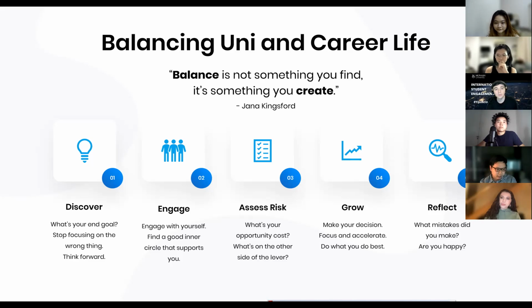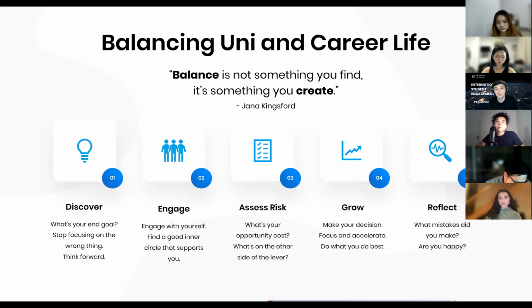But here, I'm also aware that not everybody has the privilege or the opportunity to discover themselves earlier on. But that's okay. This is all part of the process. And then from there, I learned that finding a good inner circle, a good group of friends that can support you, is very crucial to balance.